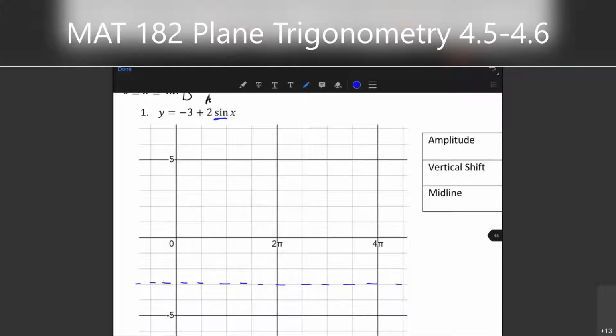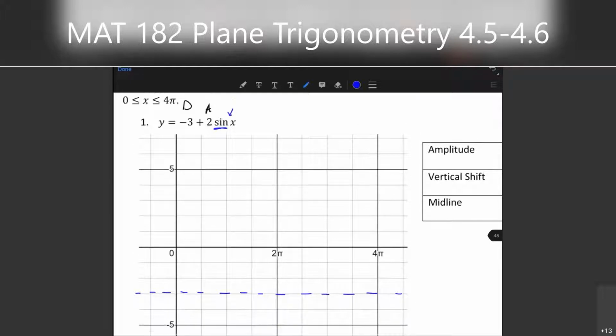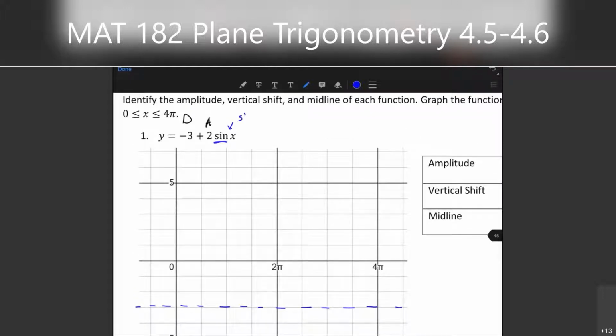So if we didn't have any shifts, it starts at 0. Cosine would start at the amplitude, or 1. Okay, I was getting them mixed up, depending on what that amplitude is.